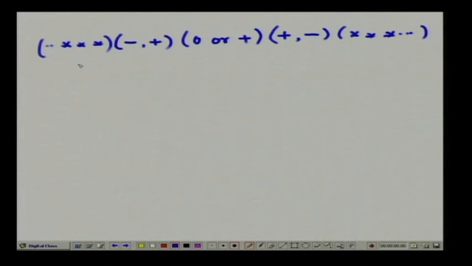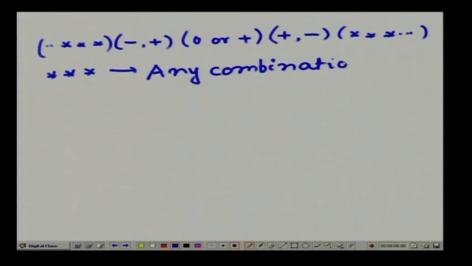If the scan line contains a part of the object, my scan pattern will be something like this, where this star indicates any combination of 0, positive or negative.